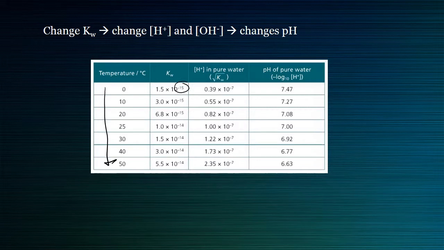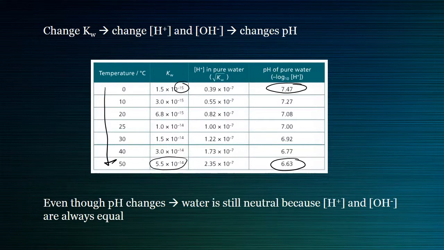And so here we have 10 to the negative 15th, and then going up to the negative 14th. And if you look at your hydrogen ion concentration, but it may be easier to look at your pH. So at 0 degrees Celsius, 7.47 is actually the neutral value, so it's slightly above 7. Whereas at 50 degrees Celsius, 6.63 is your neutral value.